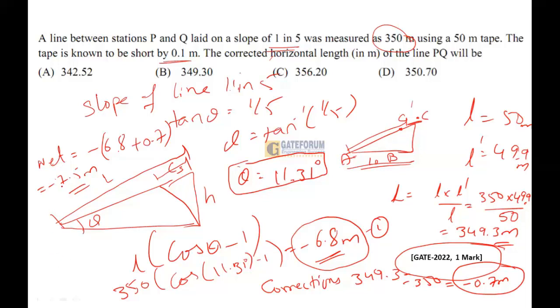So you subtract the 7.5 from the measured length, and that is 342.52 meters. This is my option A. Okay, right? Thank you. Problem is solved.